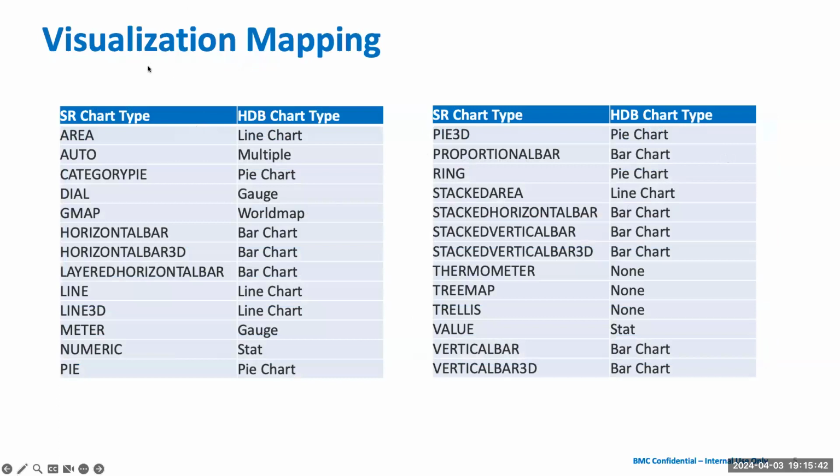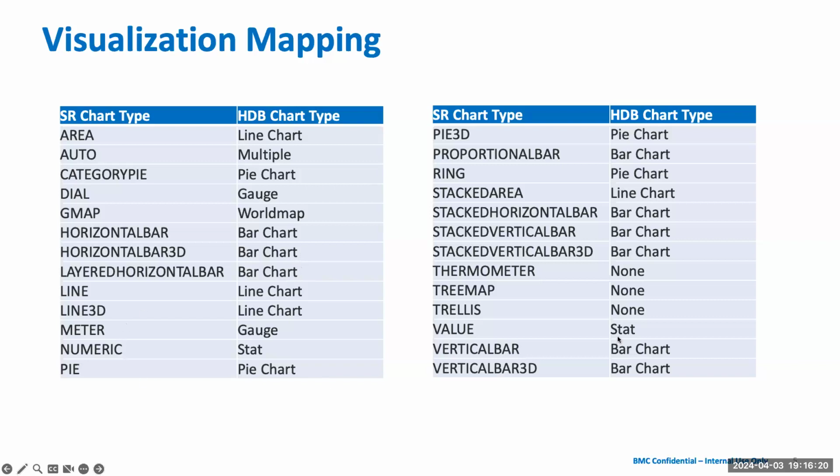Now, chart type mapping, so the type of visualization that you're using. Like I said, some of them are not supported by the migration tool, and in certain cases, there may not be a corresponding visualization available on the dashboard side. In certain cases, like bar charts, you have different types of bar charts in the smart reporting world. On Helix dashboard, everything is a bar chart, and then you configure how it shows up: vertical, 3D, horizontal, and so on.